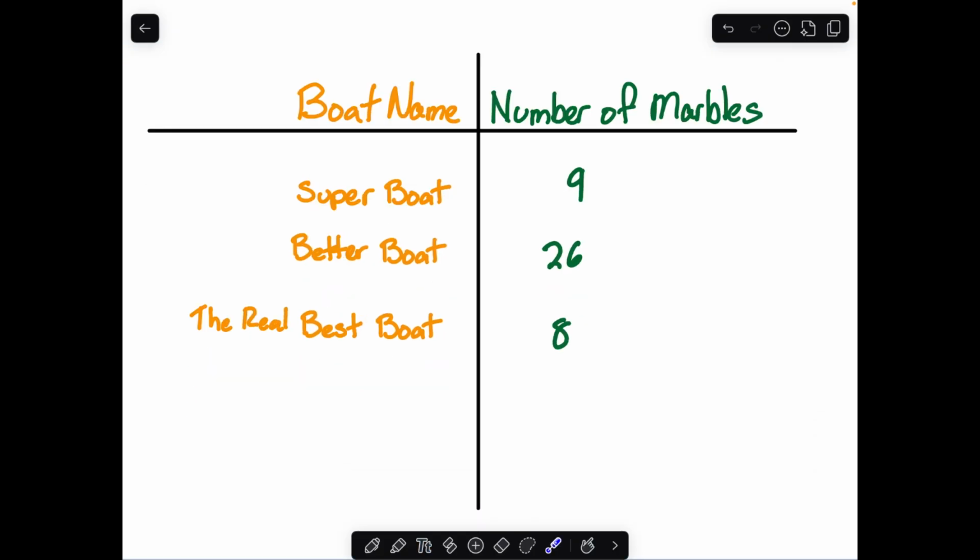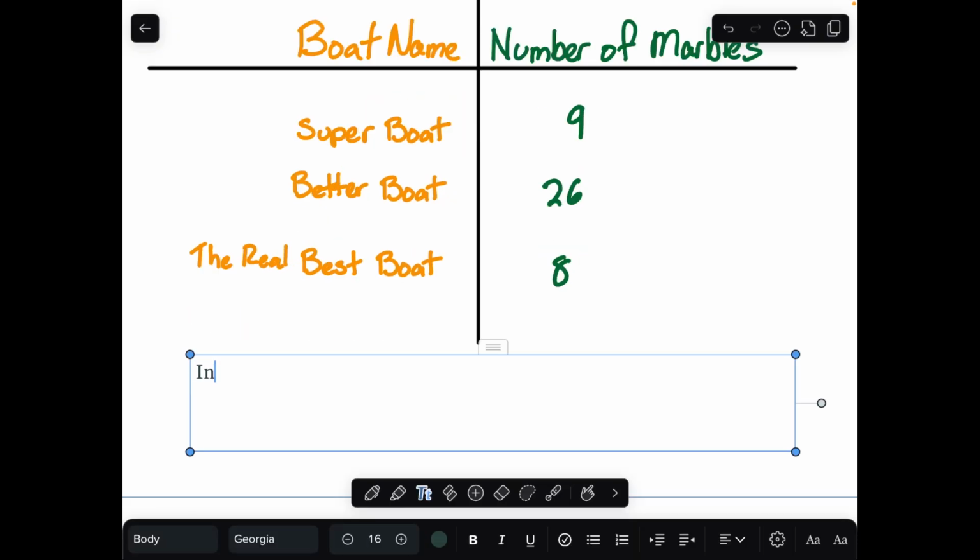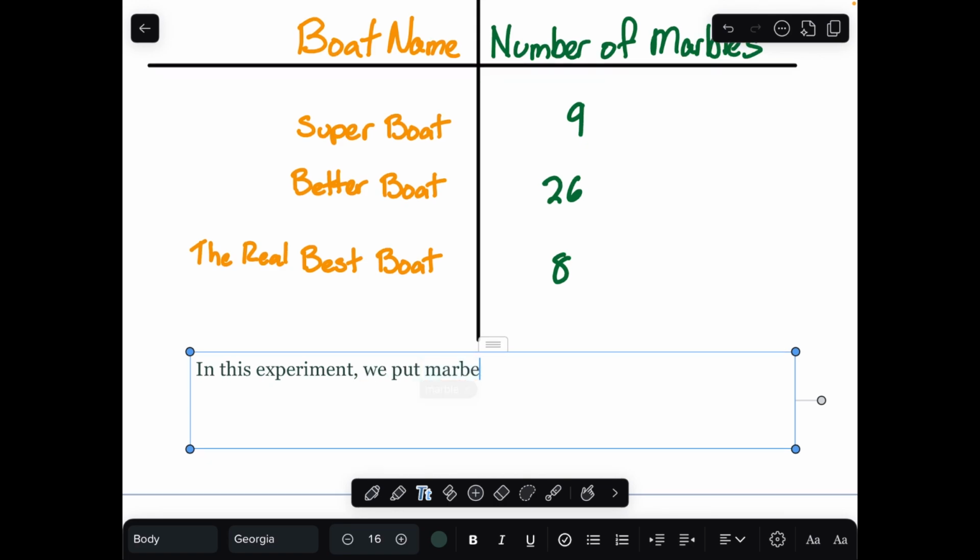This is some of the data that we collected in class. In this experiment, we put marbles in a boat until it sank.